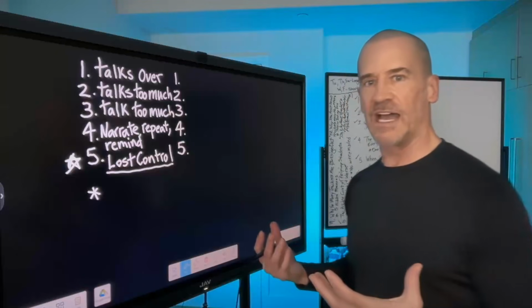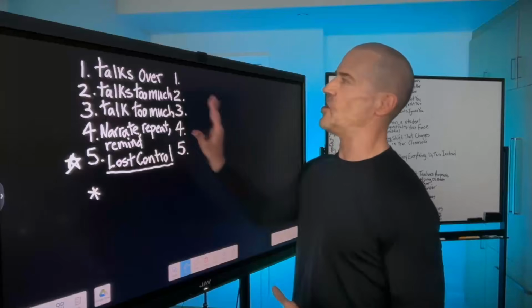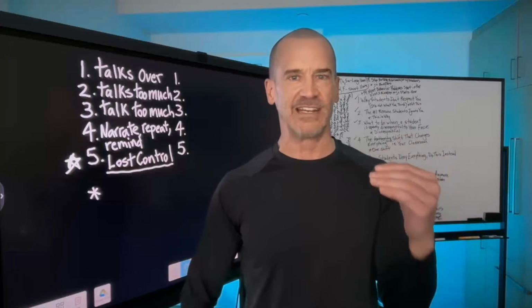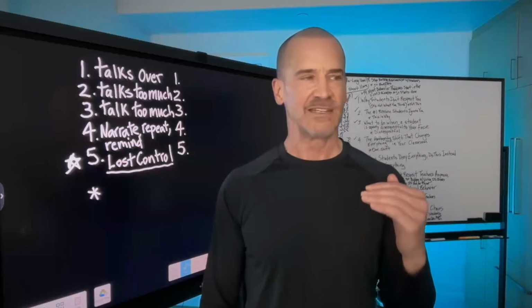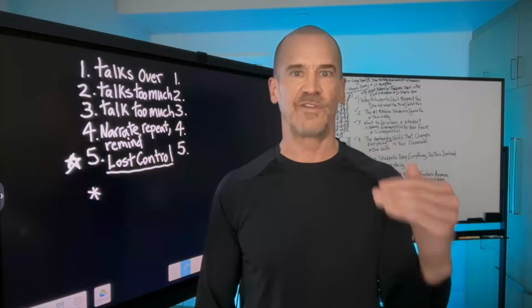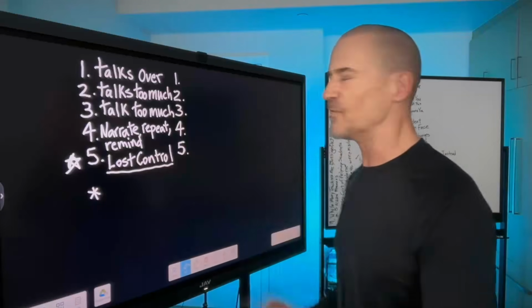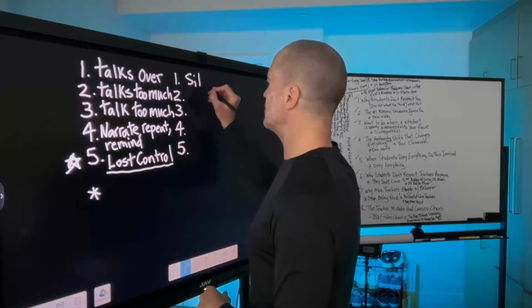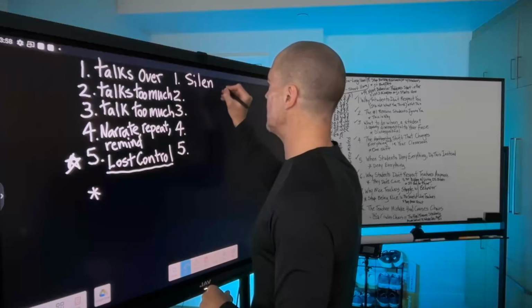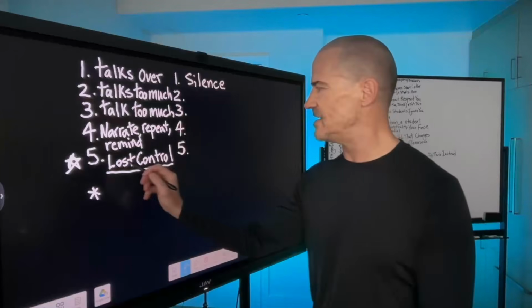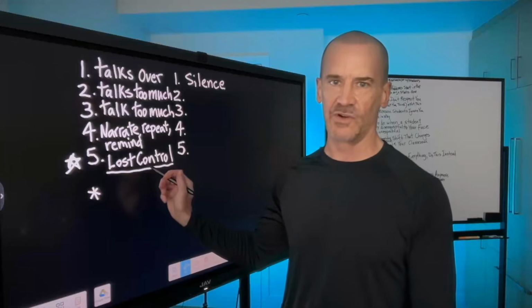Okay, so the 5 steps that will fix all of this stuff and start training your students every single day to be better listeners and relentless followers of your direction. The first thing is, of course, you don't start speaking until you have silence. If you can't get silence, then you've lost control.